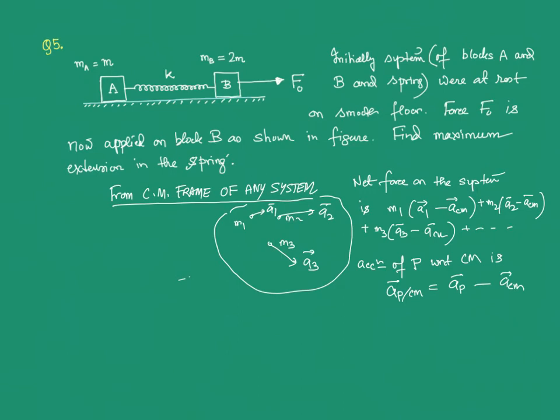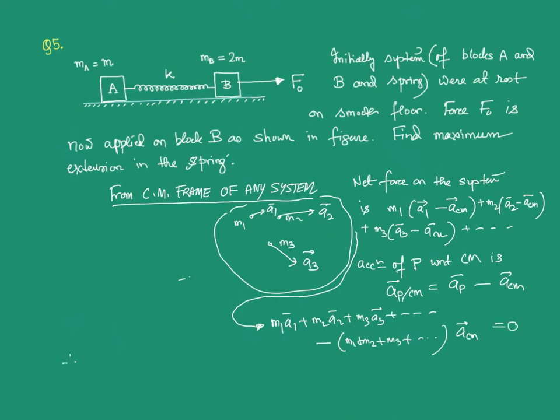So what is the final result of this? The net force on the system happens to be m1 a1 plus m2 a2 plus m3 a3, like that, minus the total mass of the system, m1 plus m2 plus m3, multiplied by ACM. By the definition of center of mass, this is 0.